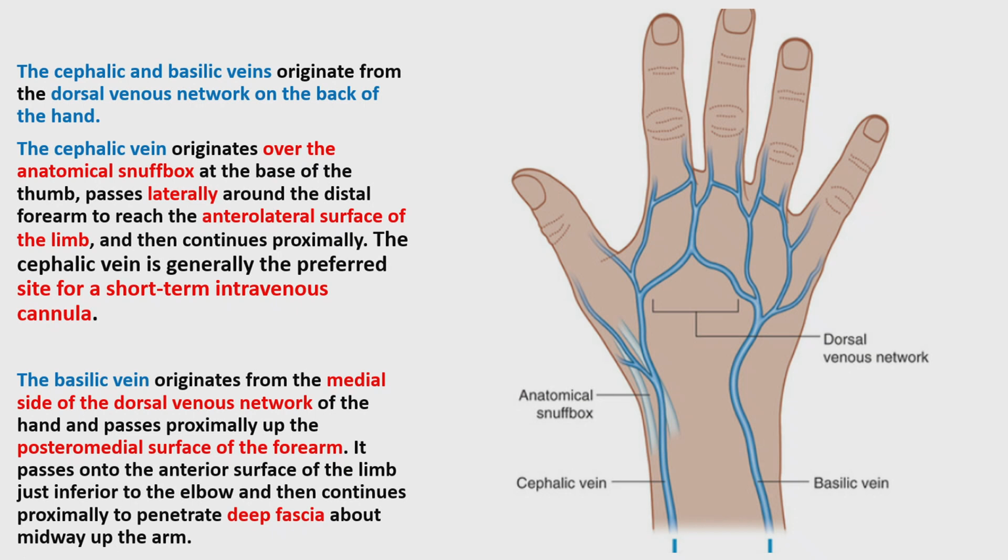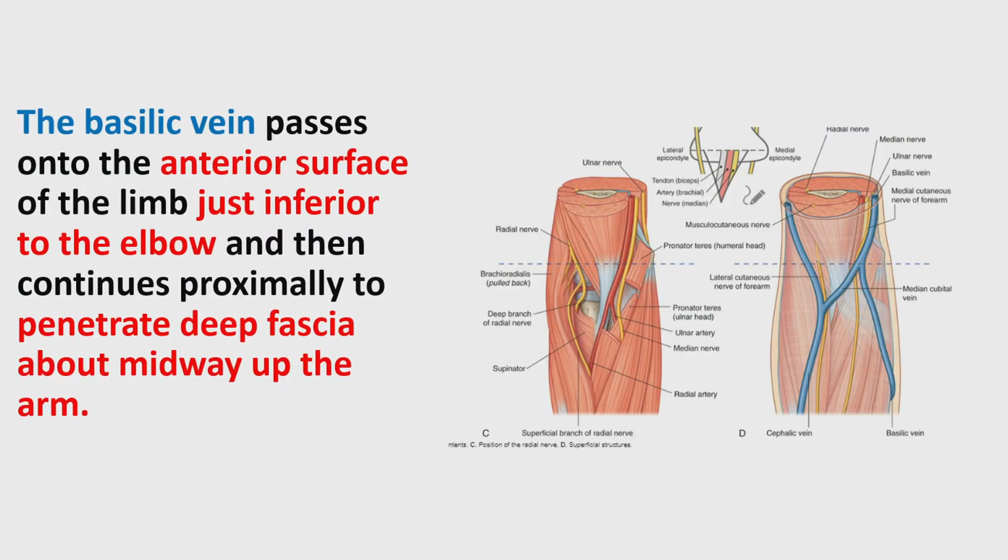Approximately at the cubital or elbow region, it turns to the anterior side and pierces the deep fascia about midway of the upper arm, the brachial region. And the basilic vein, as I said, pierces the deep fascia.